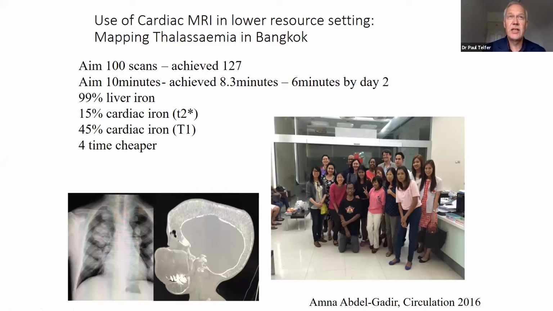And it will also give not so much detail or precision, but will tell you whether there is some moderate or severe myocardial iron, which is really more or less what you need in making clinical decisions. And this scan can be done cheaply and quickly. It takes less than 10 minutes.